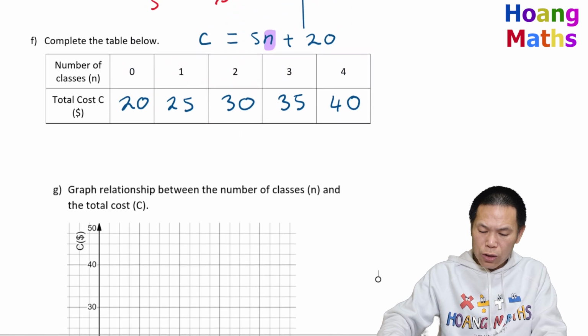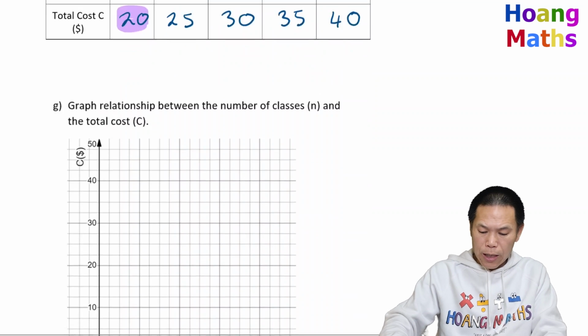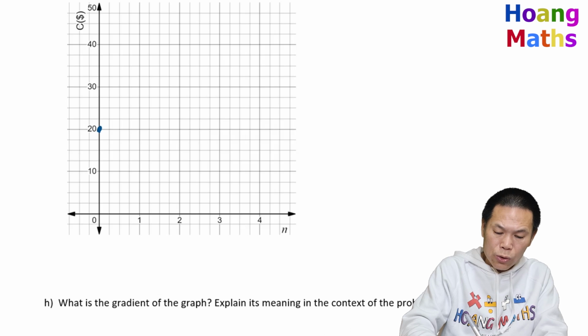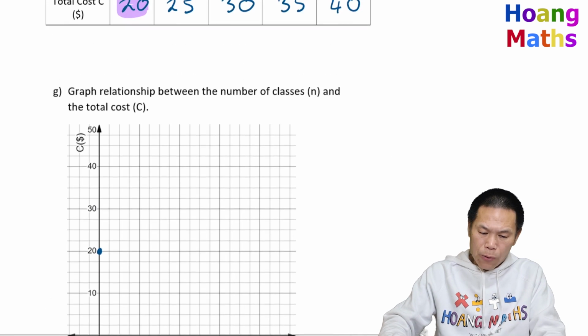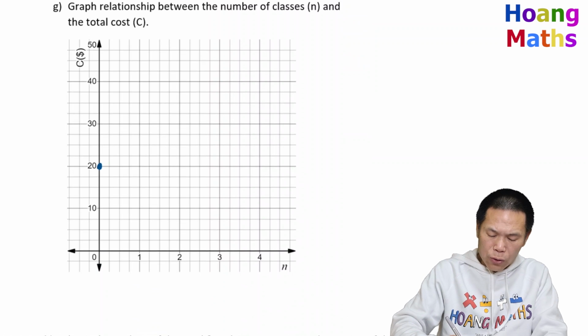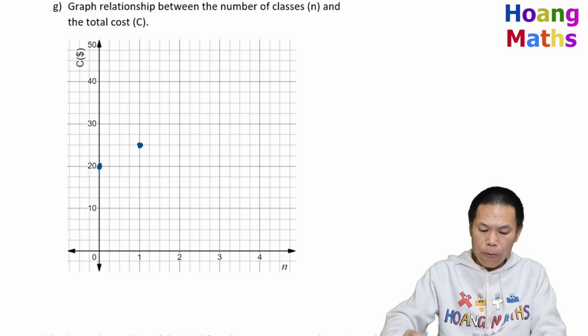So now just look at this table here. So when N is 0, C is 20. So we move up all the way to 20 here. And when N is 1, C, the cost, is 25. So one class, $25. So halfway between 30 and 20. So there you go.